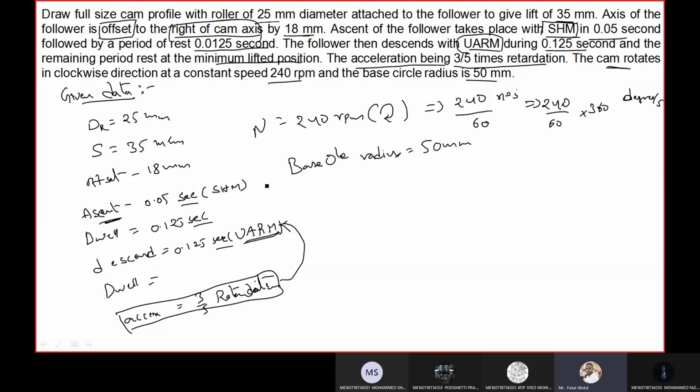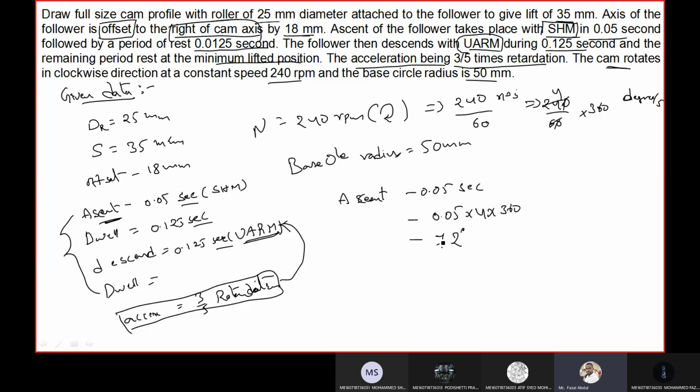That motion we need to describe with these 4 periods. First one is the ascent. 0.05 seconds is given, so the seconds we need to convert: 0.05 into 4 into 360, which is 72 degrees.